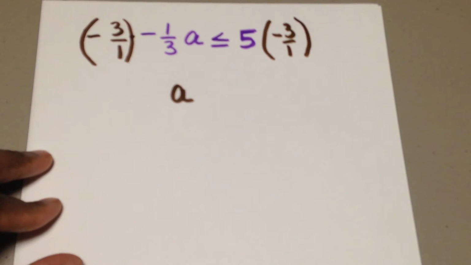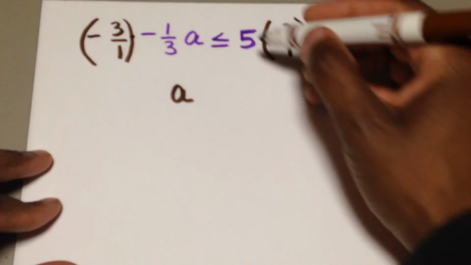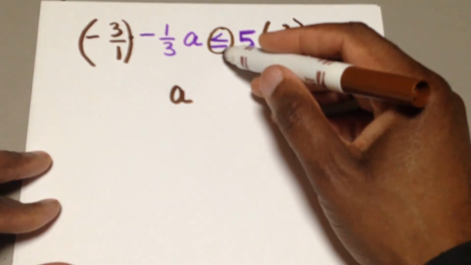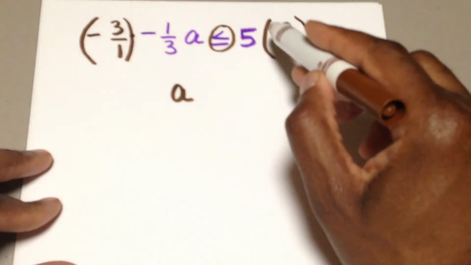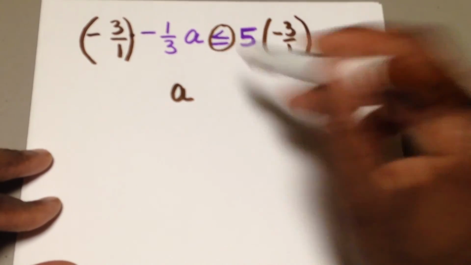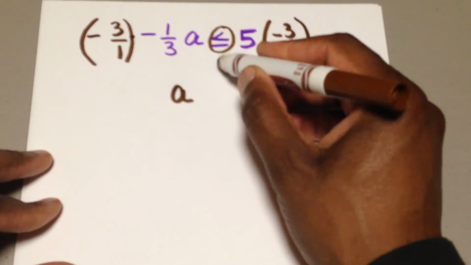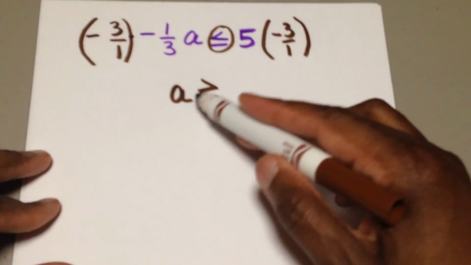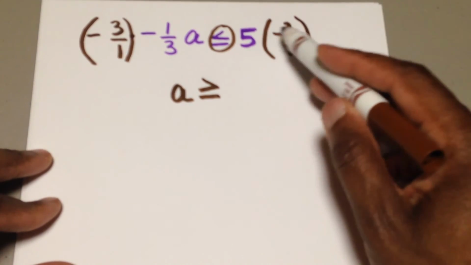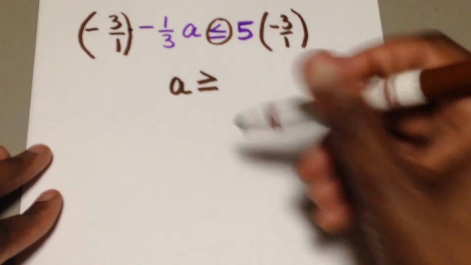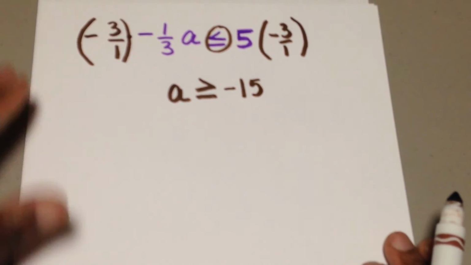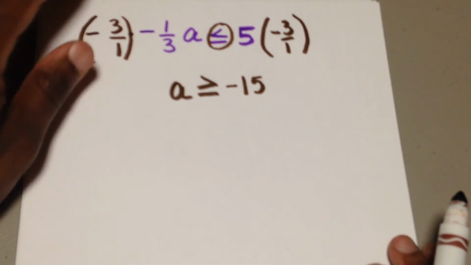Again, I got that alert button. So again, I have to switch the inequality symbol, because I multiplied both sides by a negative. Now, instead of less than or equal to, it's going to be greater than or equal to. And that's a is greater than or equal to 5 times negative 3, which will give me negative 15. All right, so a has to be greater than or equal to negative 15.